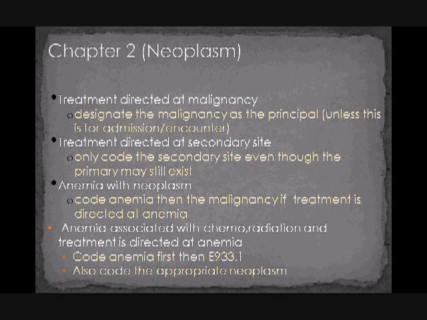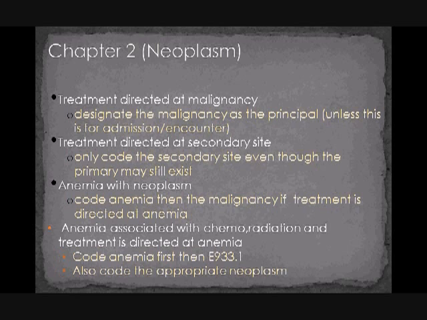So this is for a case where anemia is associated with chemotherapy treatment. The chemo or the radiation caused anemia, and the person is here for treatment for the anemia. You code the anemia first, you code the E code, and then you code the appropriate neoplasm.